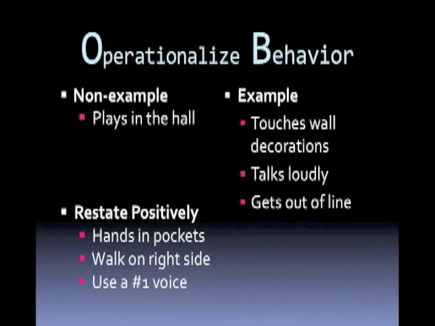Instead of saying, don't get out of line, we want to teach him to walk on the right side of the hallway behind the person in front of him. Instead of saying, don't talk so loud, we want to teach him to use a number one voice.